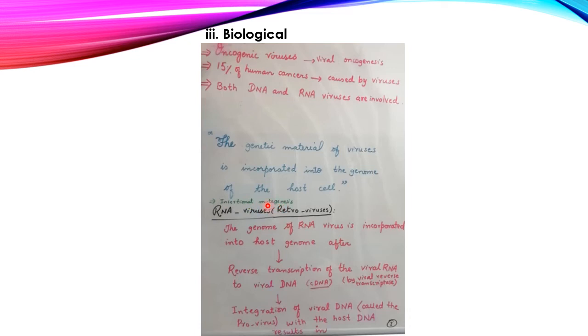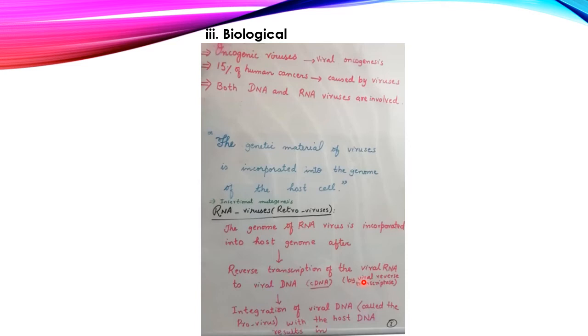Now we see the same mechanism in detail. Insertional mutagenesis is mostly caused by RNA viruses, which are also called retroviruses. The genome of the RNA virus gets incorporated into the host genome after reverse transcription.